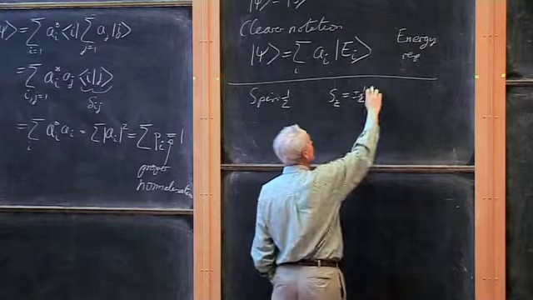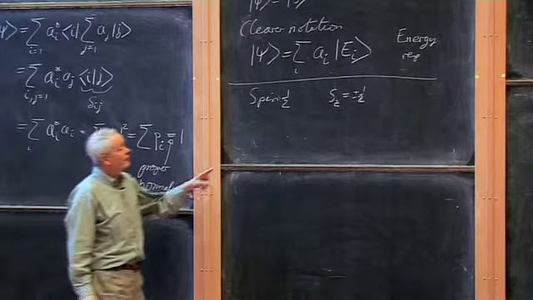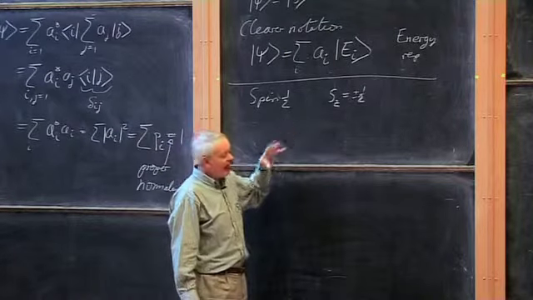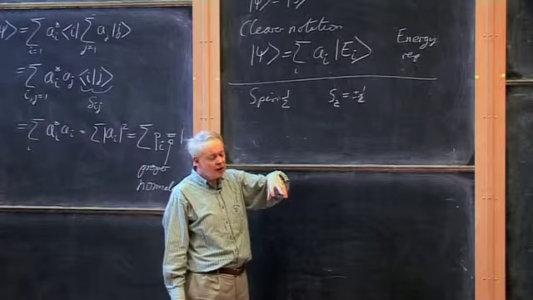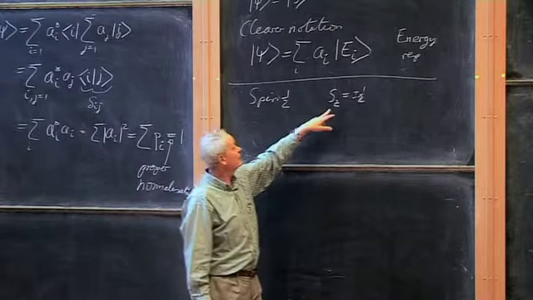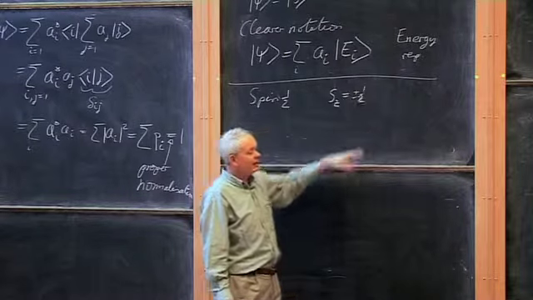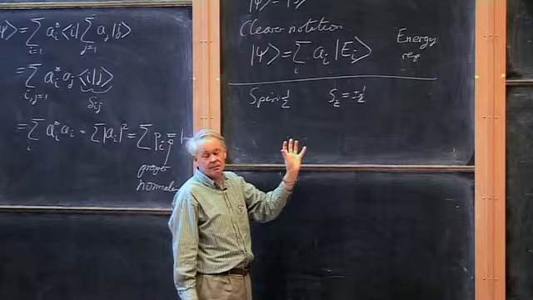Now, yesterday I had an h-bar here in some sense. I was using a slightly different notation, but I had an h-bar there. h-bar has dimensions of angular momentum. So what this means is that if Sz is plus a half, that means the angular momentum in the z direction is plus a half h-bar.